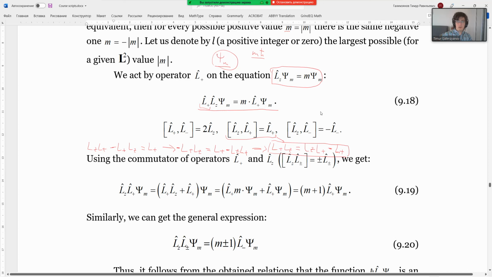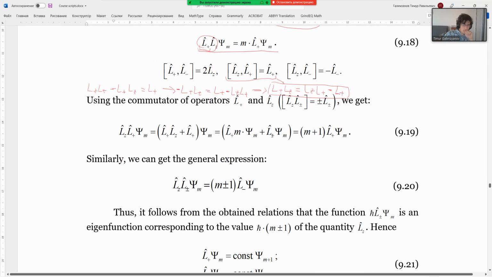Okay, let's substitute this. Yeah, sorry, vice versa. Sorry for a bit of a mess. Lz L plus equals L plus Lz plus L plus, which we can get from this equation.